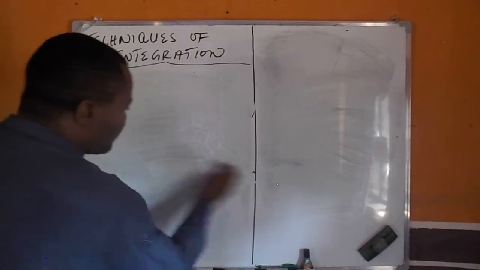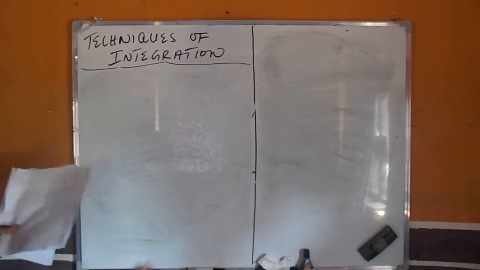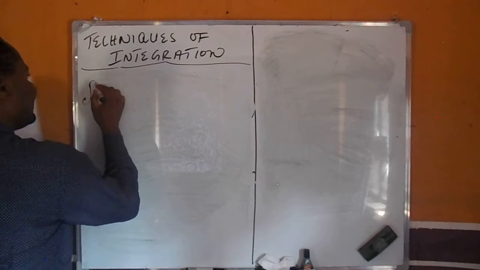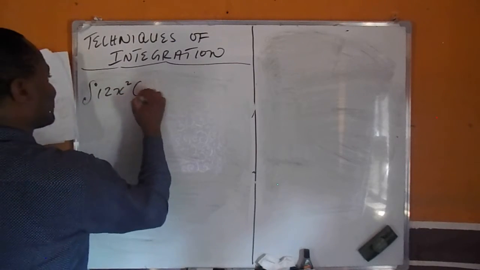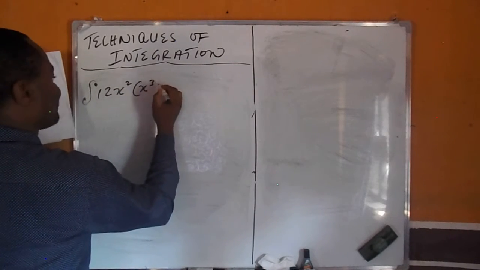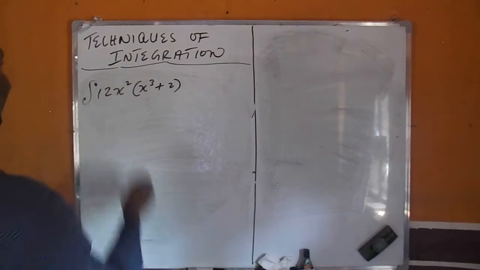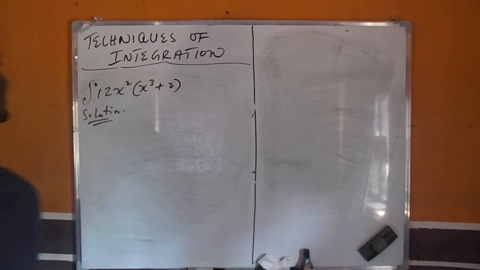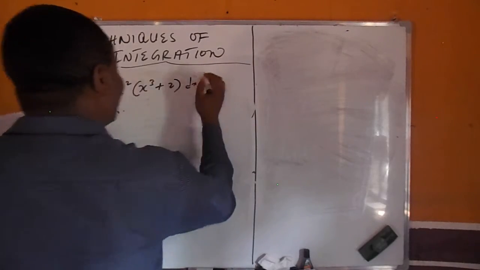For instance, under integration by substitution, we have integrate 12x raised to power 2 in bracket x raised to power 3 plus 2, let's say dx.